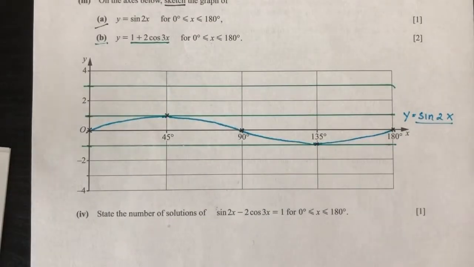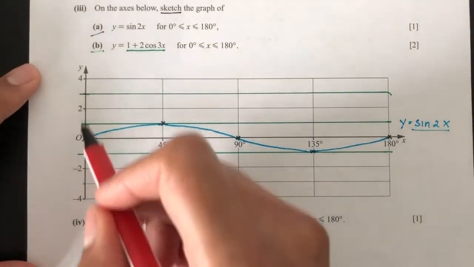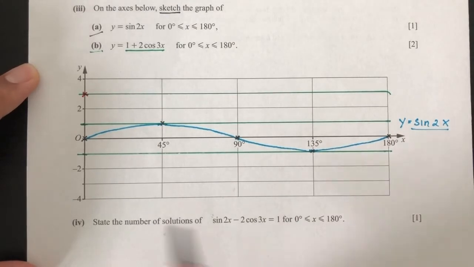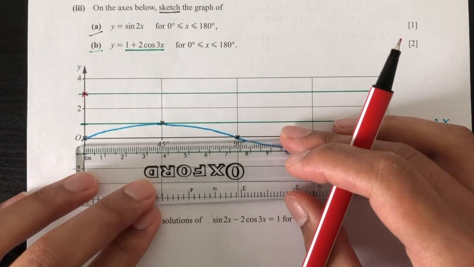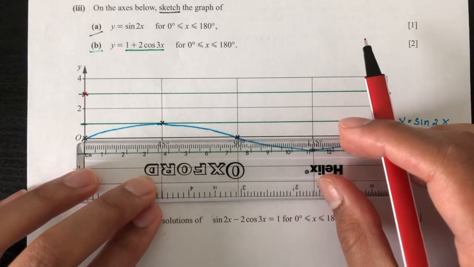So let's do that. Let's use a different color here. So the first point is 0, 3. 0, 3 is here. Then we have 30, 1. So 30, let's break this down. Where should 30 be?